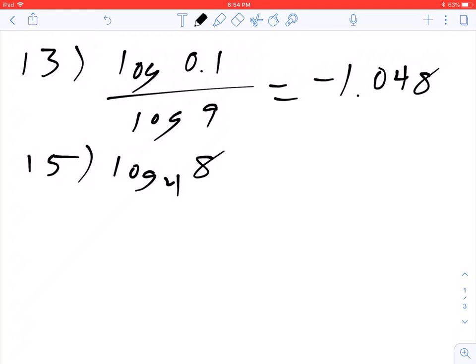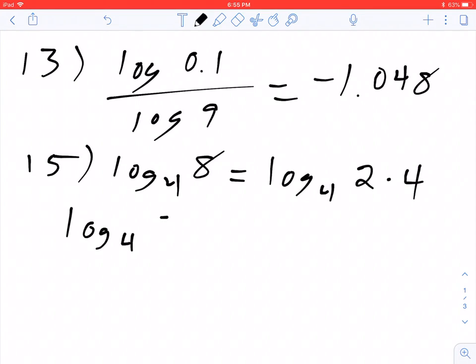Now, I believe what they want you to do is to make this log base 4 of 2 times 4. And then from there, we can split this using the product property into log base 4 of 2 plus log base 4 of 4.